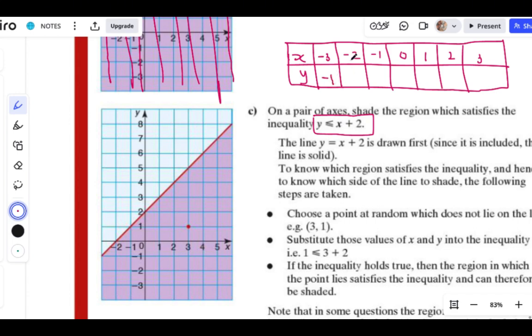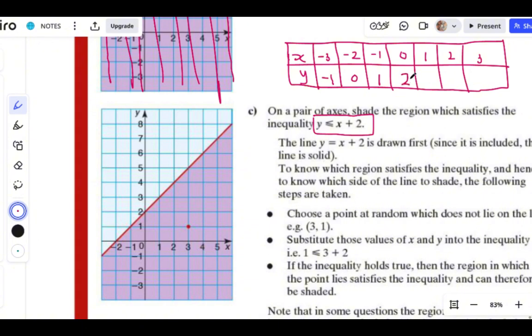Then if x is -2, you put -2 here. -2 plus 2 is 0, right? So y will be 0. If x is -1, you put -1 here. -1 plus 2 is 1. If x is 0, 0 plus 2, you get 2 here.